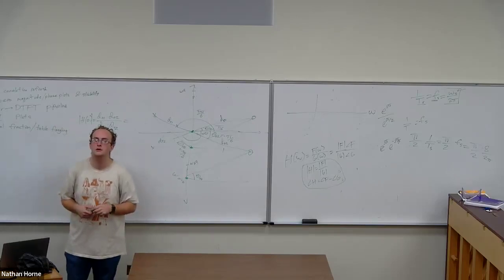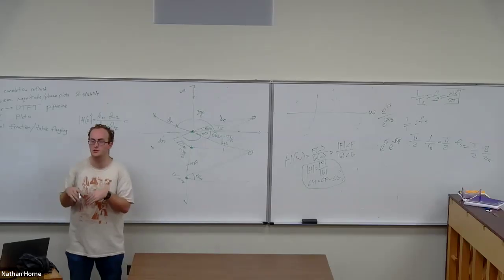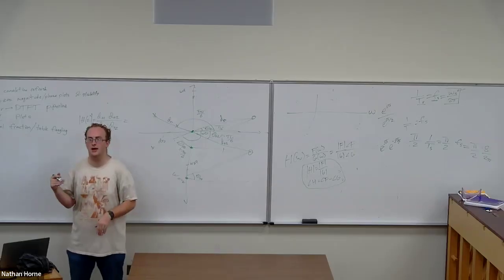Do they want us to always put it in the positive angle version, instead of negative pi over 6, find the positive version of that angle? It doesn't really matter at all. You can graph your phase as being from 0 to 2 pi or negative pi to pi.